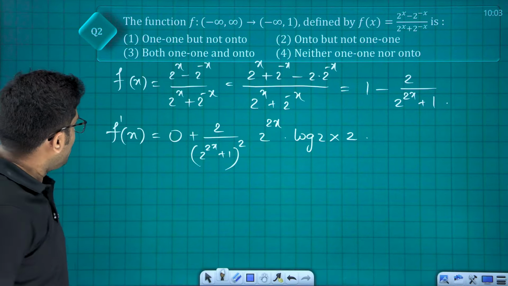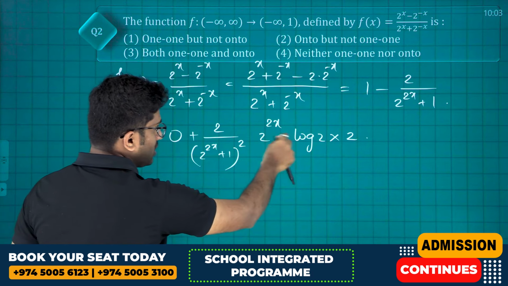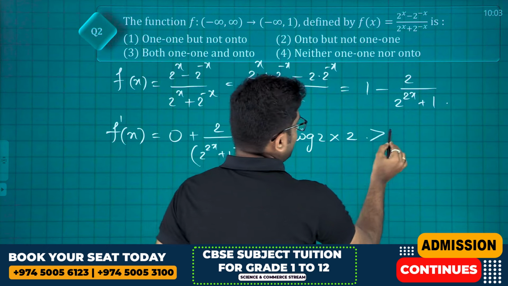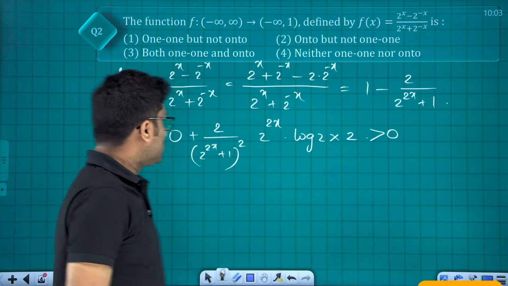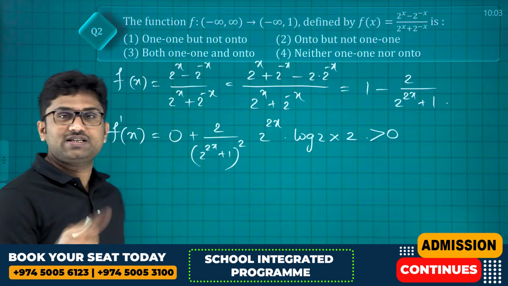See now clearly, this is positive, 2 exponential positive, log 2 into log 2 will always be positive. That means f dash x is clearly greater than 0. So this function is clearly an increasing function.